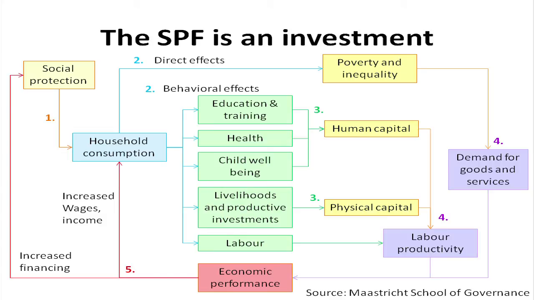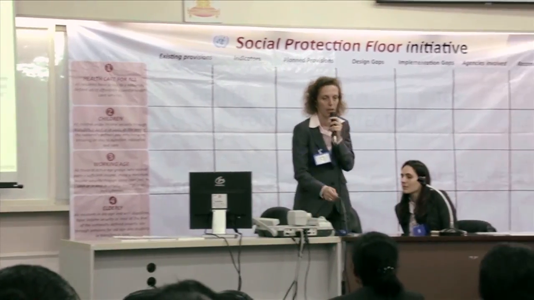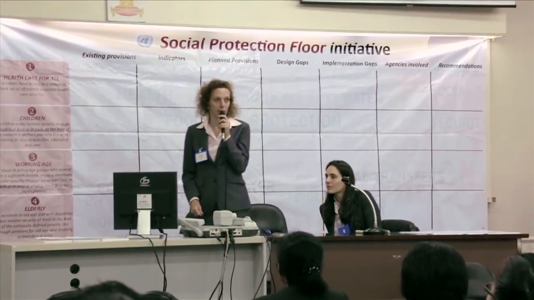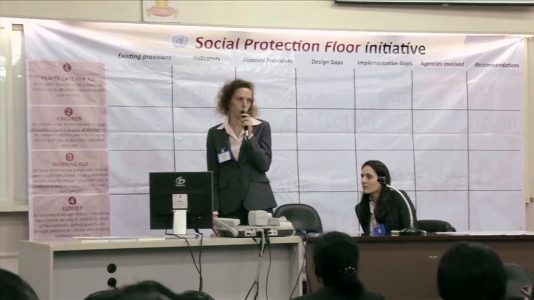And if you have more growth in the country, this contributes again to increasing wages, income, and therefore household consumption. And through taxes, it contributes to increasing the revenues of the government, and therefore the capacity of the government to contribute more to social protection.